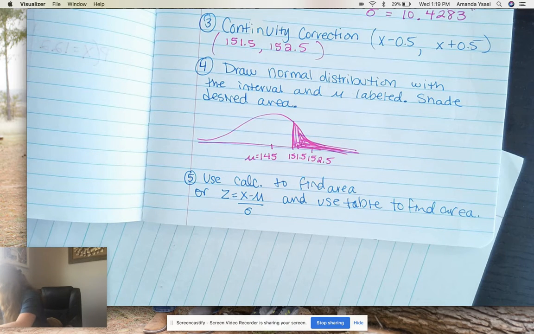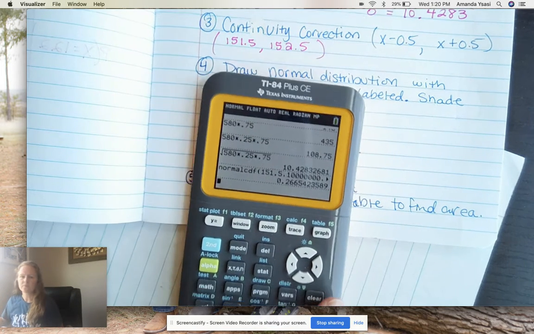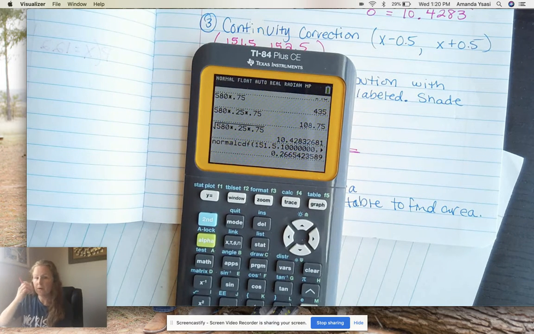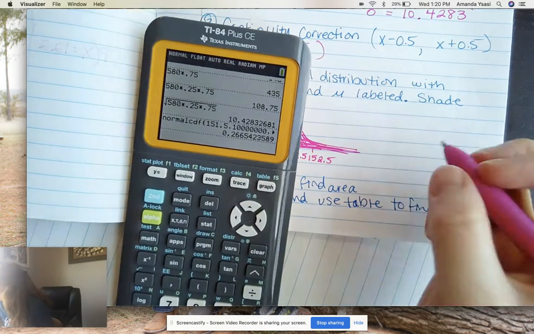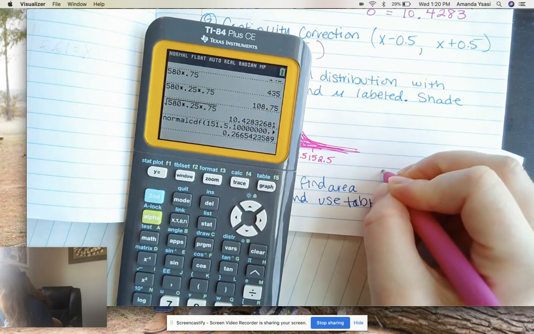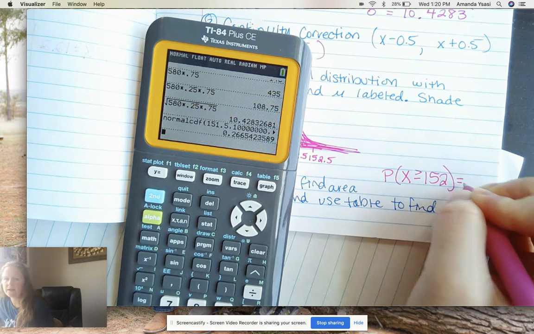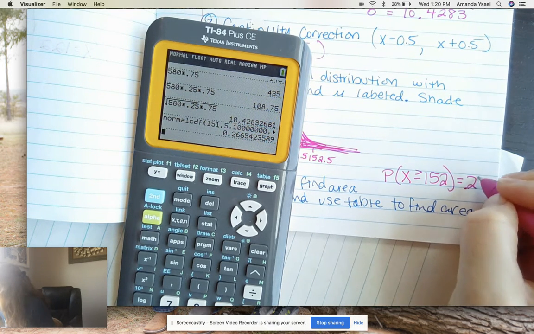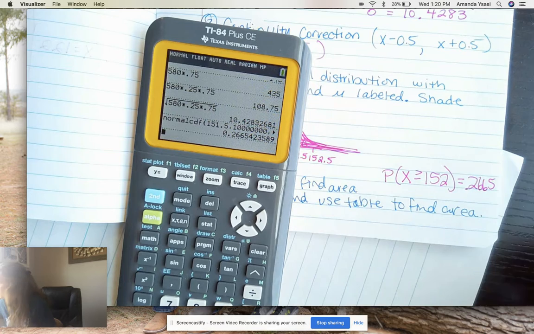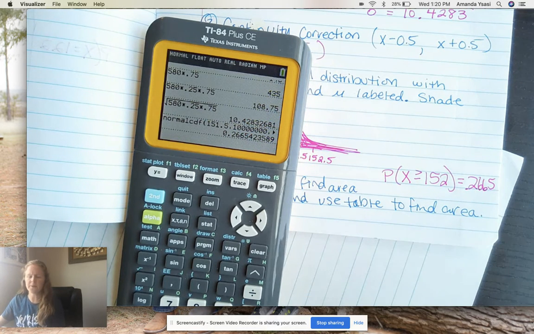Mu is 145. And then we have 10.4283. Okay. So the probability that X is greater than or equal to 152 is 0.2665. So it's about 1/4, 25%.